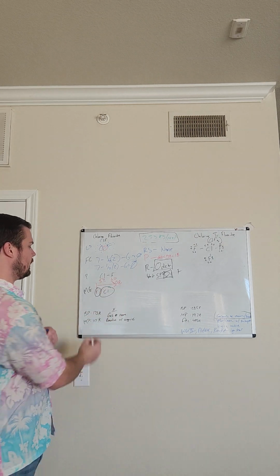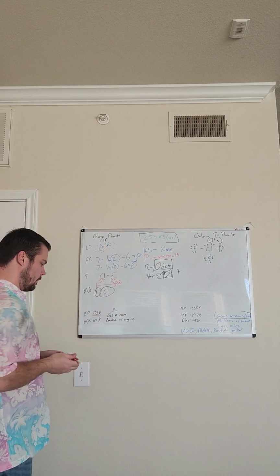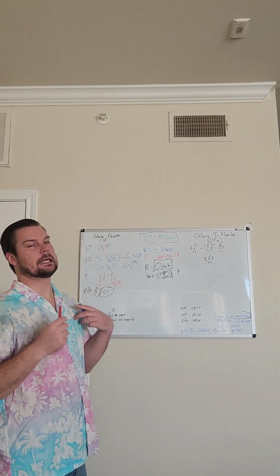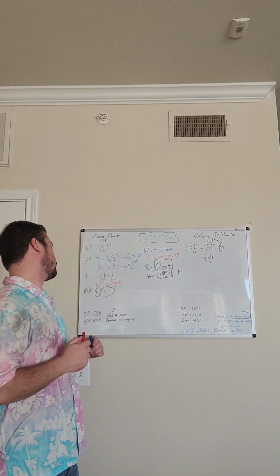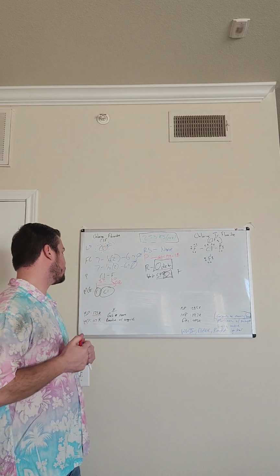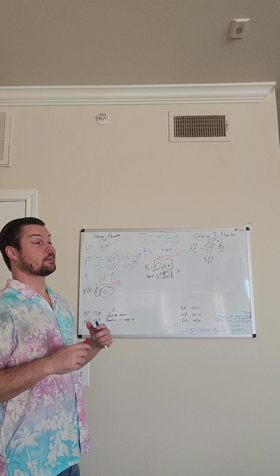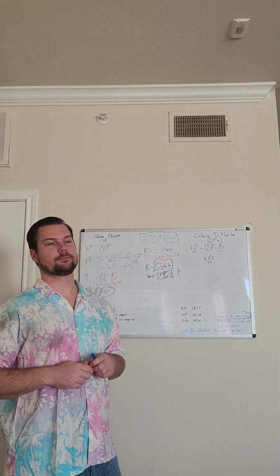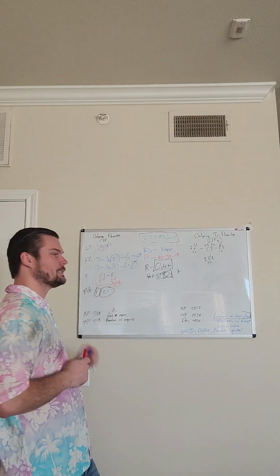Our melting point of chlorine fluoride is 117 Kelvin, extremely low, and our boiling point is 173 Kelvin, meaning that at negative 100 degrees Celsius, it is still a gas.